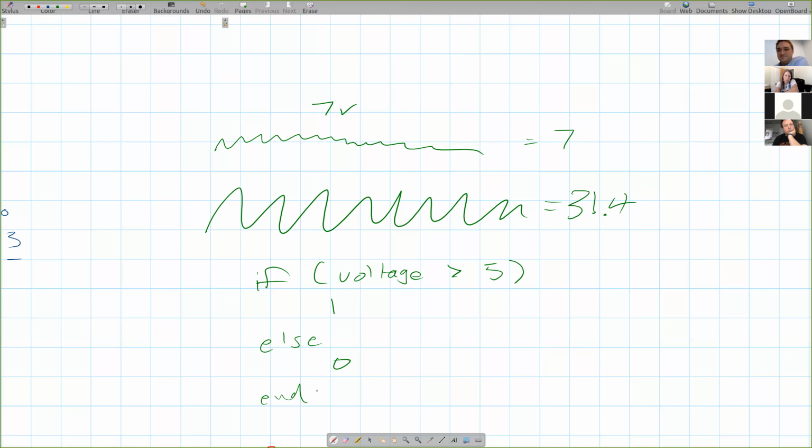Easy. That's enough wiggle room that you're not going to accidentally get 5 volts. It might be 5.1, it might be 7.9, but if there's at least 5 volts there, we're going to call that a 1.